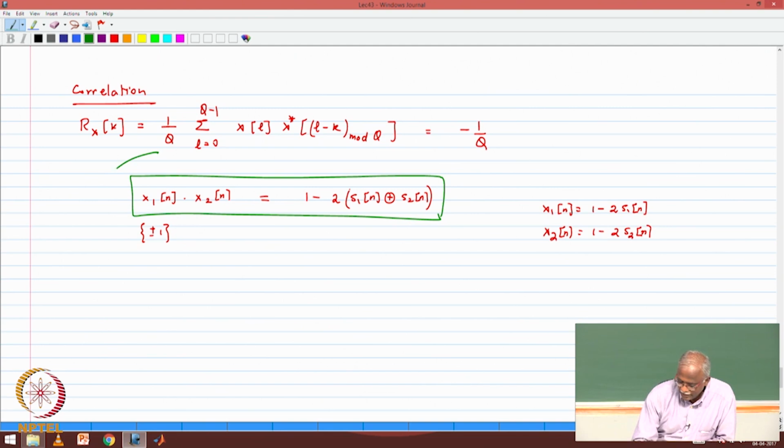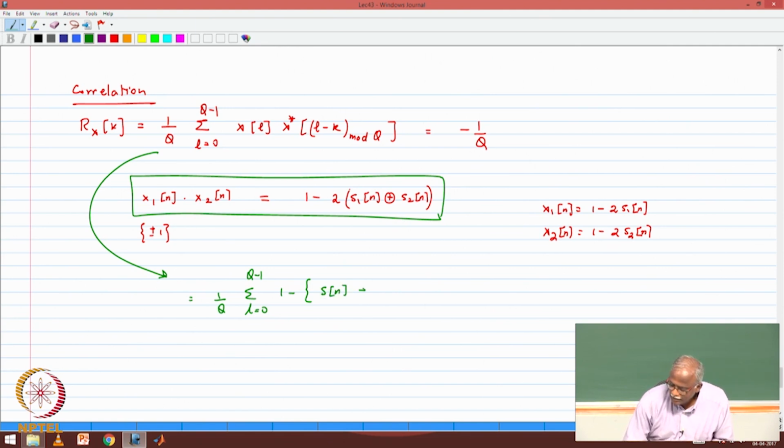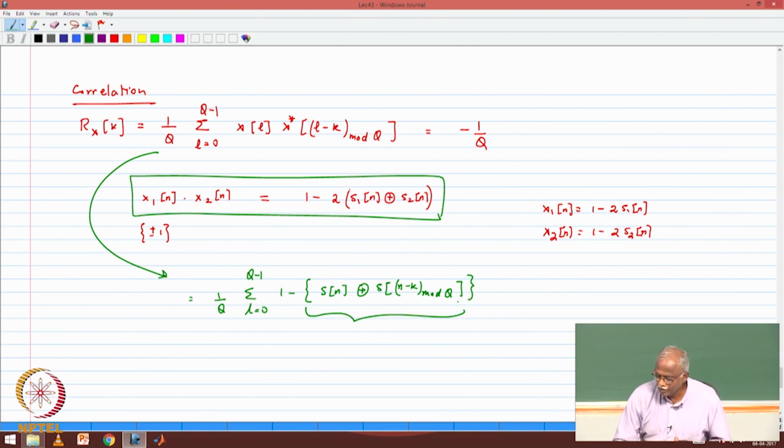If this is true, then you can write this step as 1 over q summation L equal to 0 through q minus 1 of the sum of 2 sequences. One will be S of n exclusive or S of n, it should be minus k, sorry. This will be S of n minus k modulo q. Now, this we know is another shifted sequence of the same length.